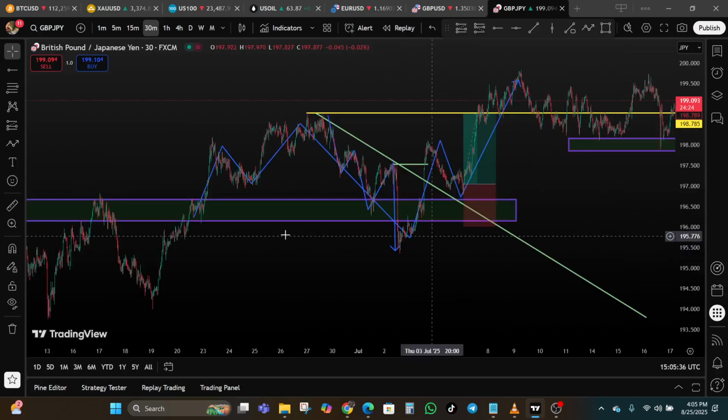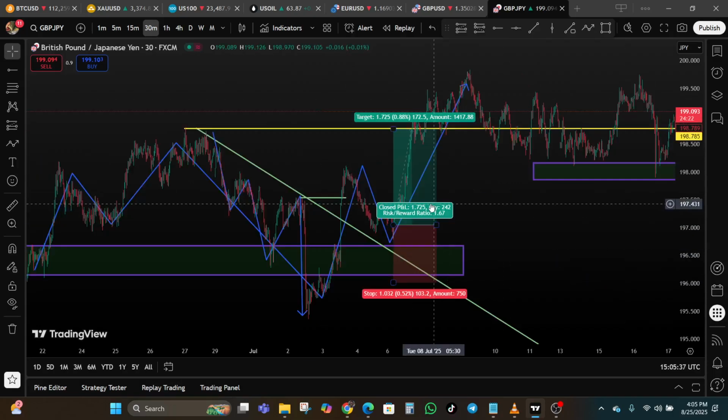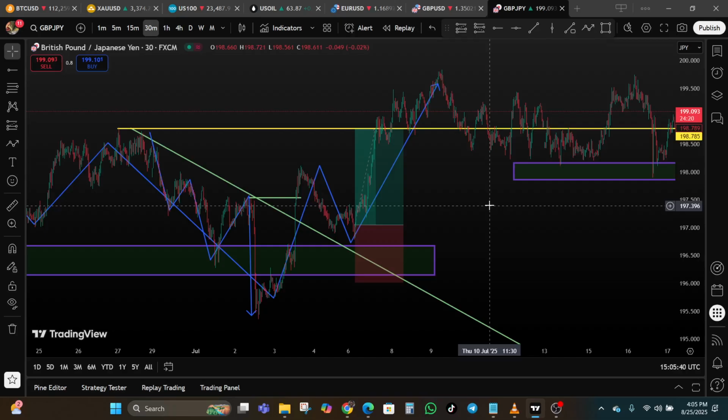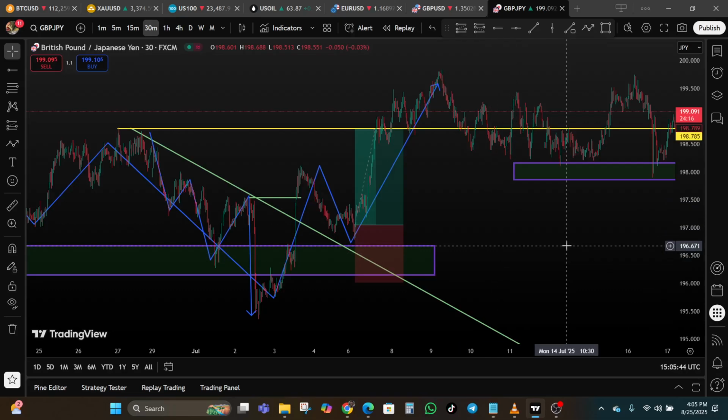Wait for your break and retest, and then you wait for candlestick confirmation, and then manage your risk responsibly. This structured approach allows traders to stay disciplined while taking advantage of the clarity that the 30-minute time frame provides.